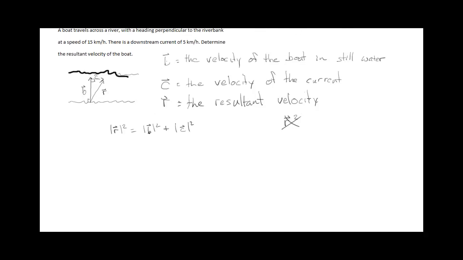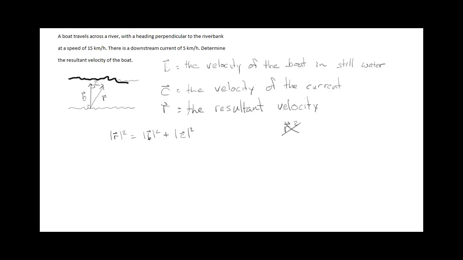So from the question, the magnitude of b, the speed of the boat, was 15. So that would be 15 squared plus the current speed, which is 5 squared. So that's the magnitude of r squared.